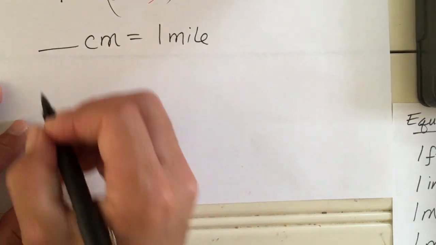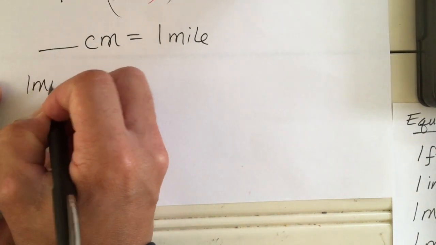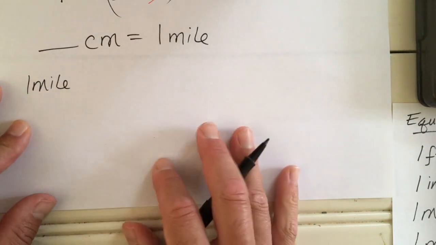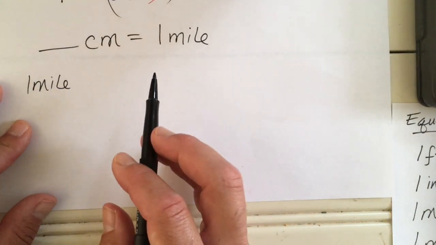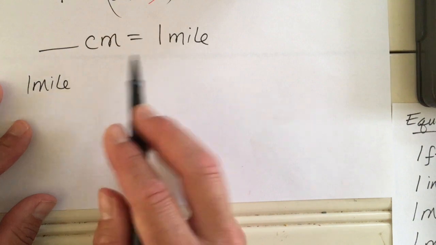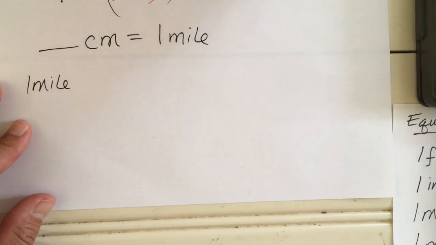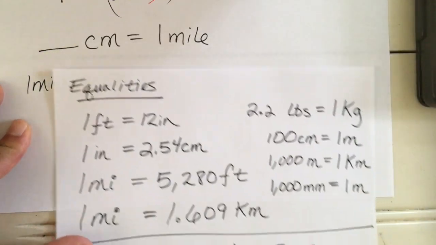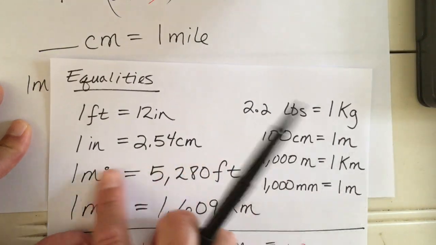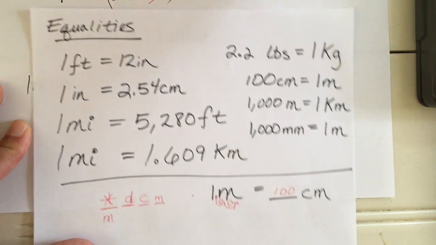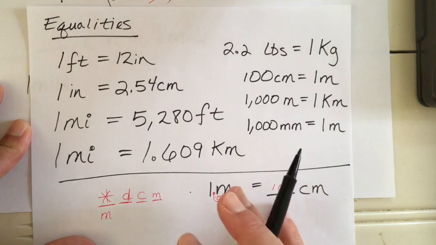We have 1 mile, so I'm going to start by writing 1 mile. I am then going to look for equalities that deal with miles and centimeters. Notice this time it's a little harder, right? Because I don't have any miles to centimeters on here. I have miles to feet, miles to kilometers. So we have to build some kind of bridge.